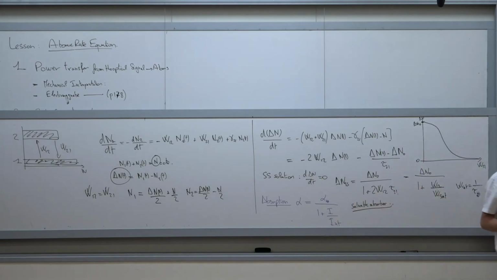So you design a material which is opaque, which absorbs the light at low intensity, but at higher intensity it becomes transparent. This is called the saturable absorber, and this is very useful in lasers.